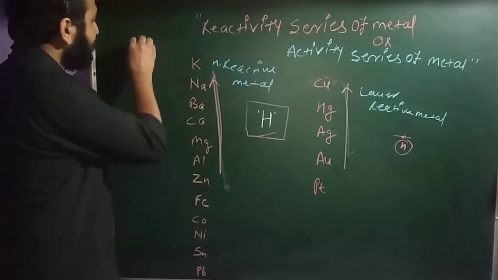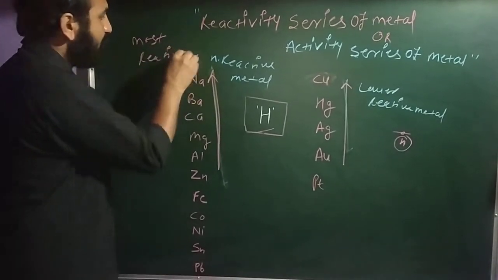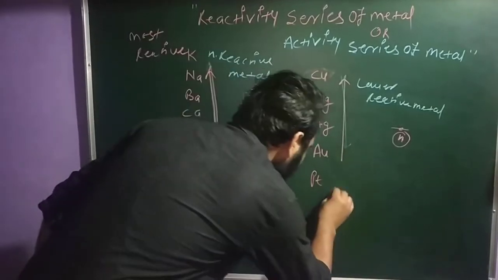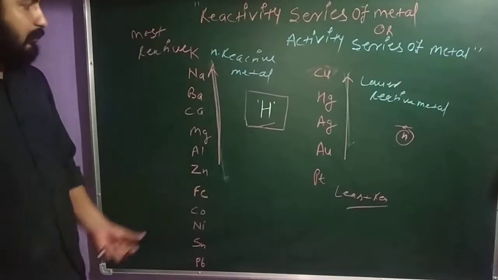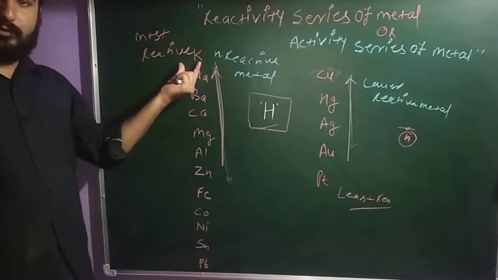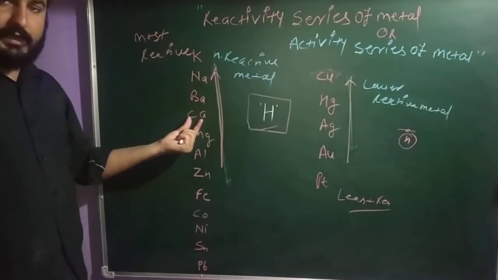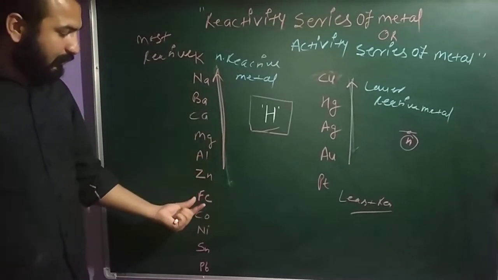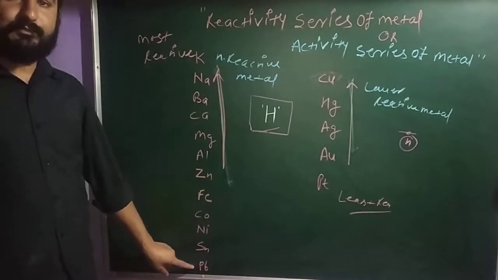Most reactive at this end, and least reactive at this end. Clear? So potassium is the most reactive, then sodium, barium, calcium, magnesium, aluminum, zinc, iron, cobalt, nickel, tin, and lead.